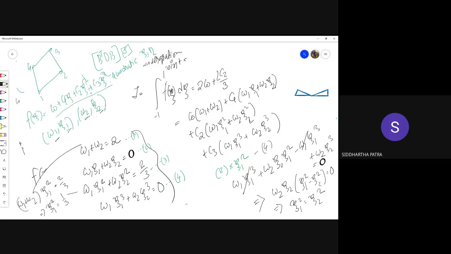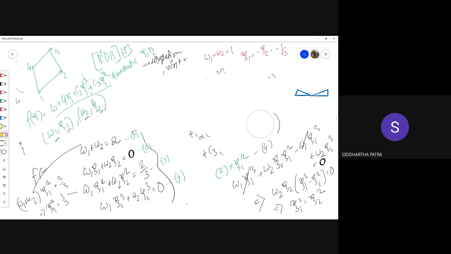So eventually this would be your solution: w1 equals w2 equals 1 and xi1 equals minus xi2 equals minus 1 by root 3. That is when you are integrating only with respect to xi, but the same thing you are supposed to do while integrating with respect to eta.